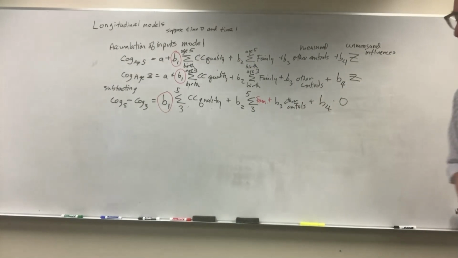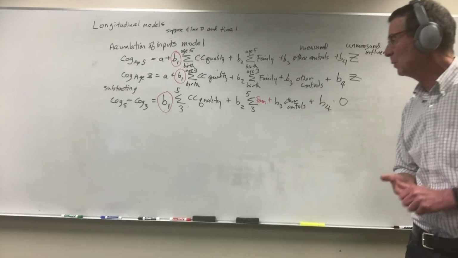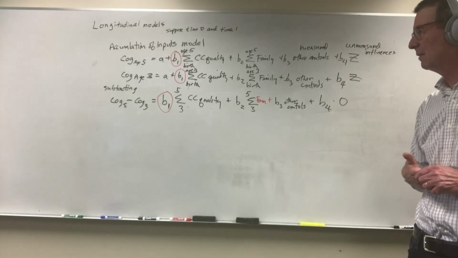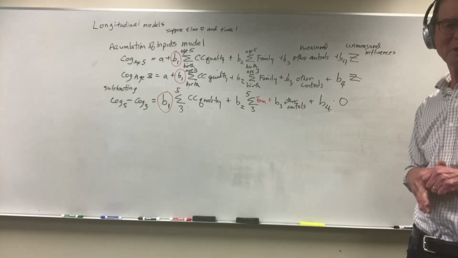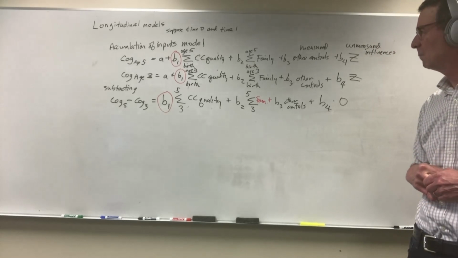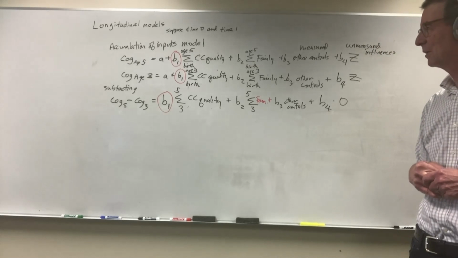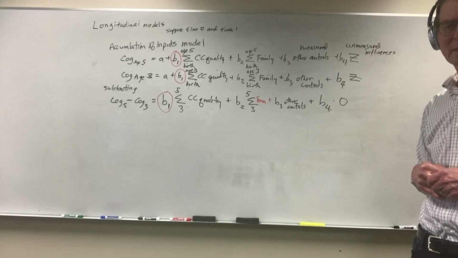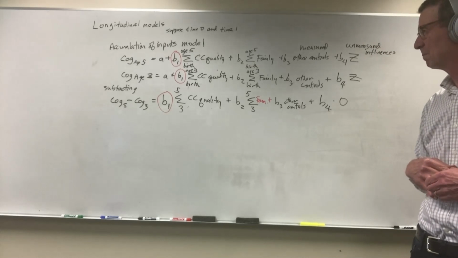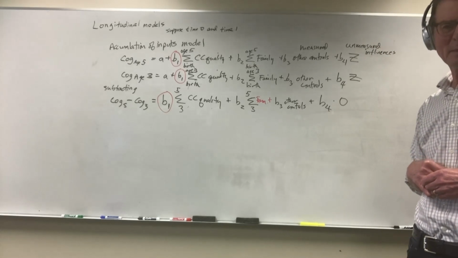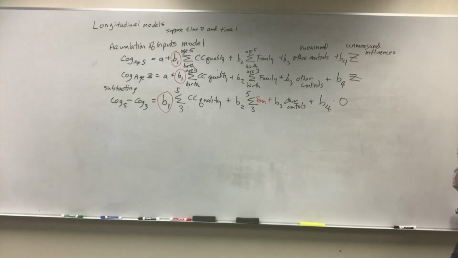But when a referee says, do a latent growth model, and the editor agrees that that's really what you should do, then you've got to do it if you want to keep going with that article at that journal, right? So life is filled with compromises, and that's one of them.